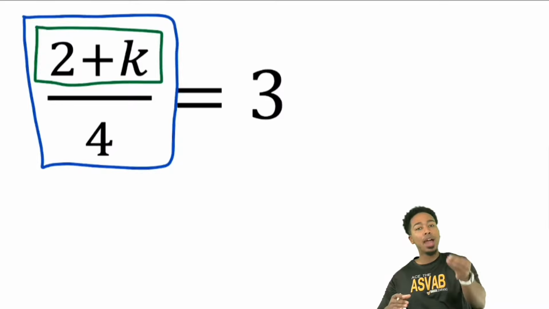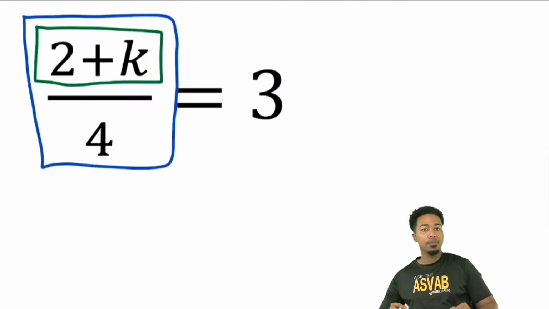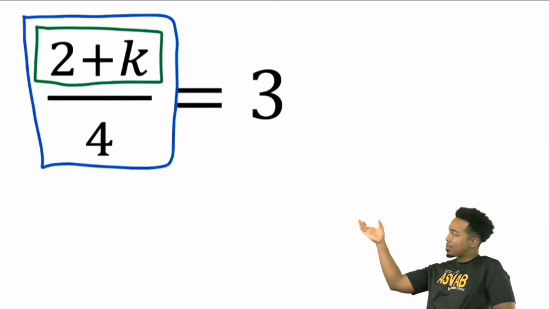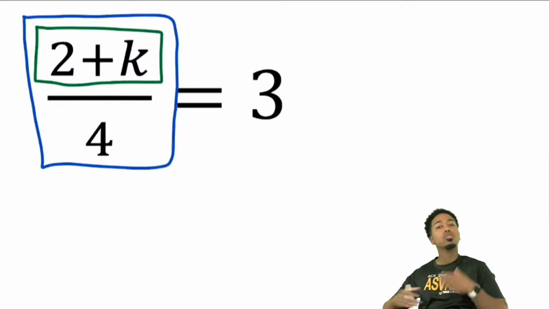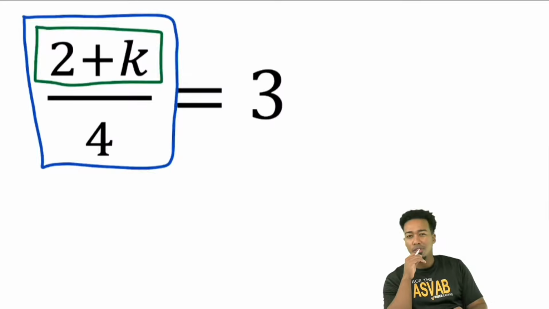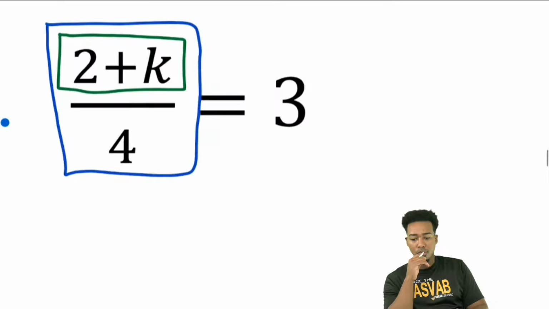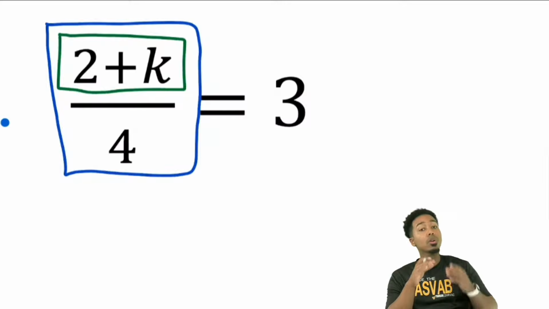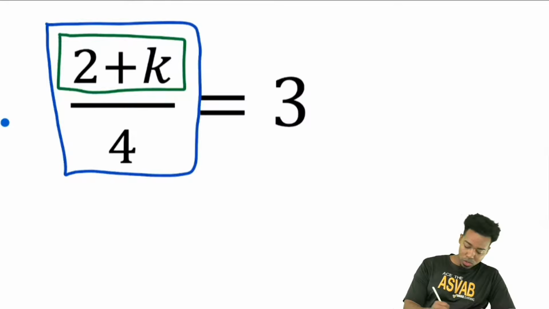Now I'm going to work backwards, starting from the last step. We see that the last step here is dividing by 4. So what's the first thing we're going to do to both sides of this equation? Right, we want to multiply by 4. So we have times 4 here and times 4 here.